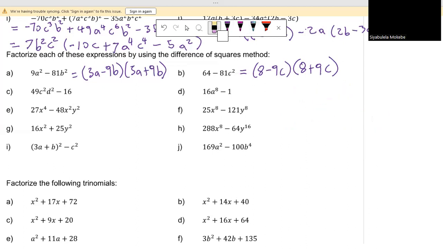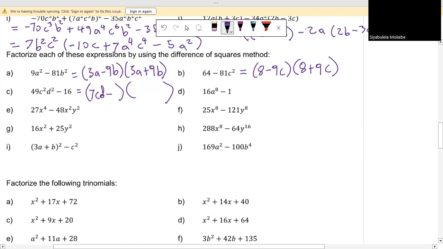Okay. Then c, what do we have here? We have the square root of 49 is 7. The square root of c squared is c. The square root of d squared is d. Minus the square root of 16 is 4.